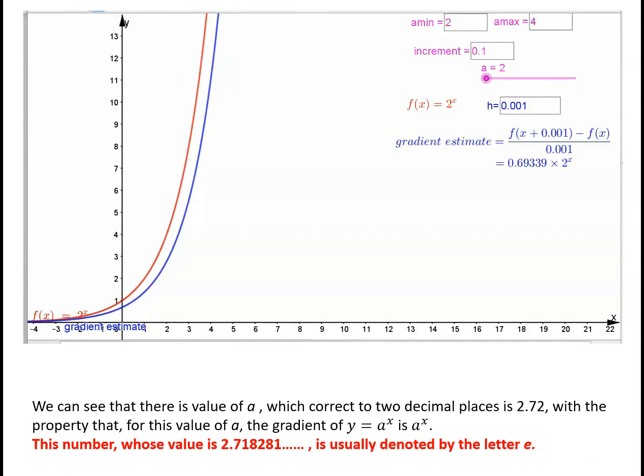So at this stage we can see that there is a value of a, which corrected to 2 decimal places is 2.72, with the property that for this value of a, the gradient of the curve y equals a to the x at any point is actually just a to the x. And this number, whose accurate value is somewhere around 2.7182, is usually denoted by the letter e.